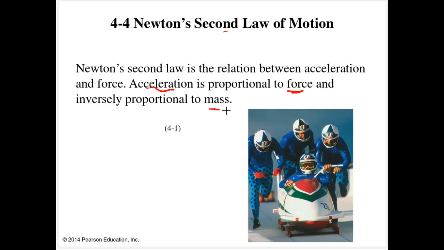It turns out that the mass is important when it comes to this. So Newton's second law is very often written as the sum of forces is equal to the mass times the acceleration. We could also say that the net force is equal to the mass times the acceleration.